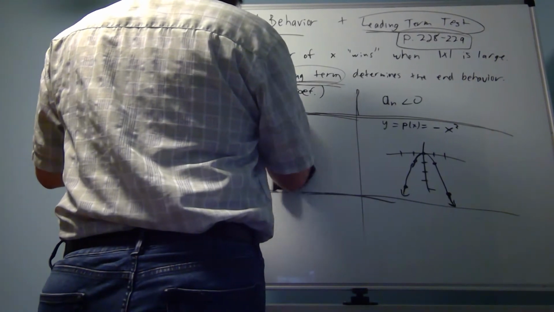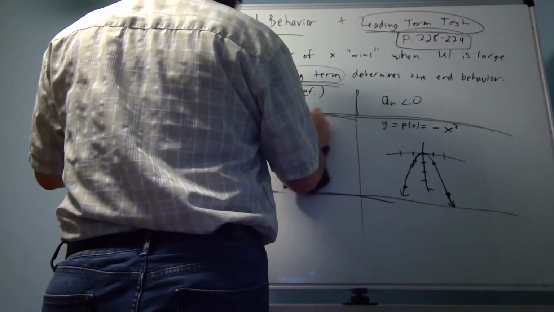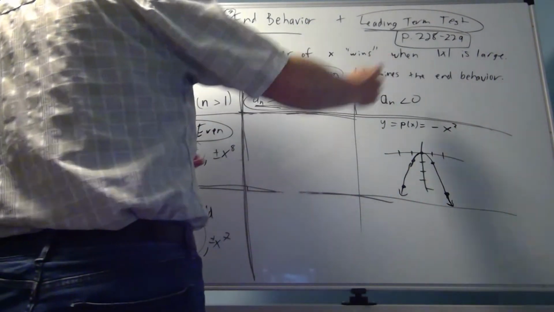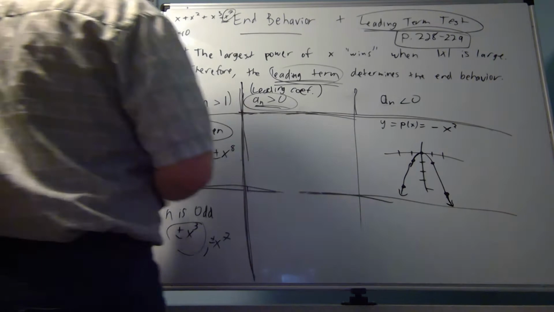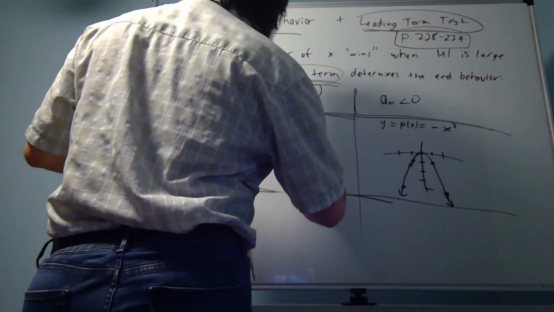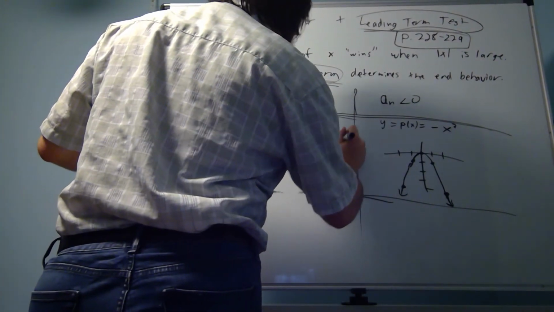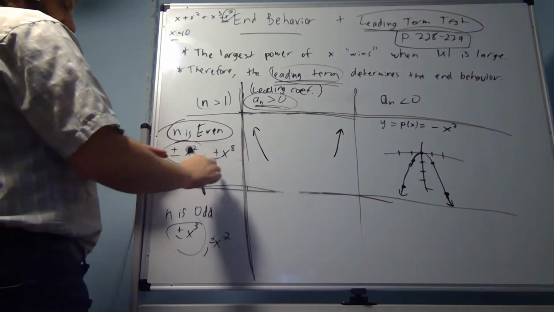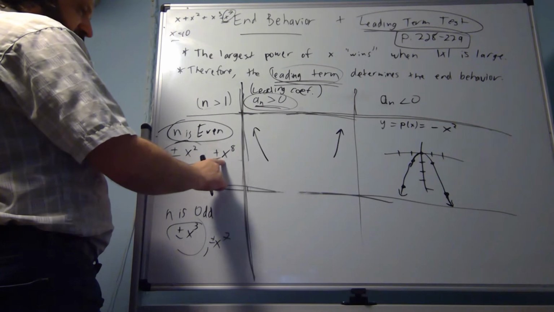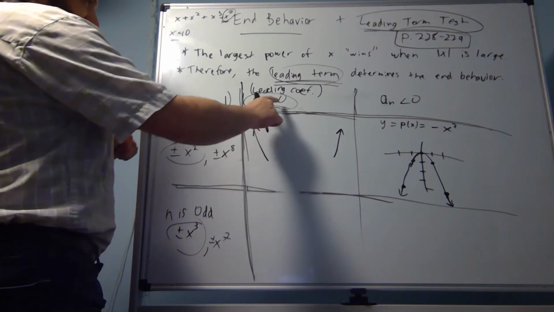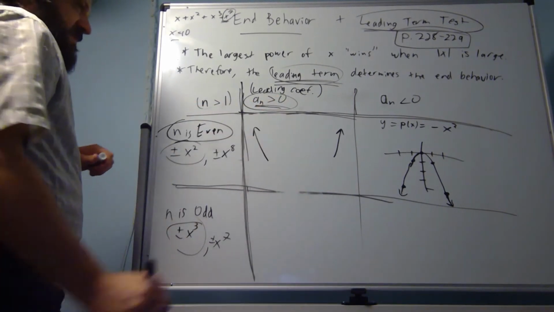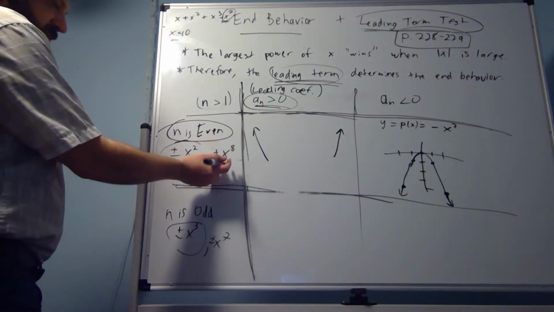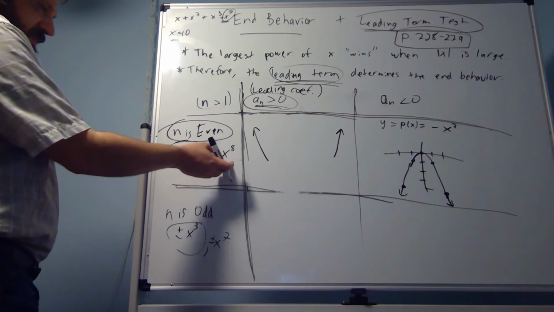Maybe it's a 12th degree polynomial, and some of the middle terms have really large coefficients, and it could go whoop, whoop, whoop, but then eventually, the book does this little zigzag thing, but eventually if x is a really big positive number and the coefficient is positive, then it's just up no matter what. So you take a big negative number like negative 100.